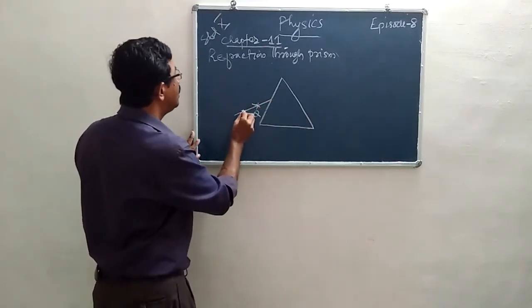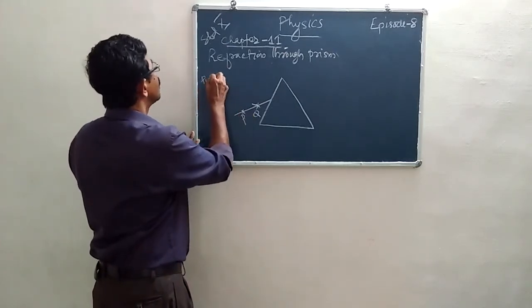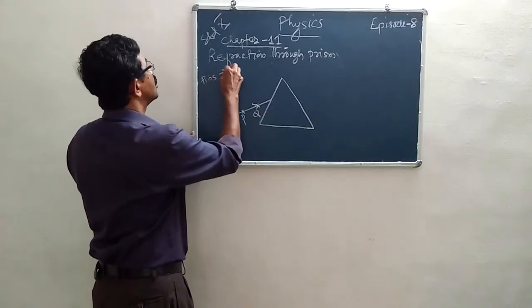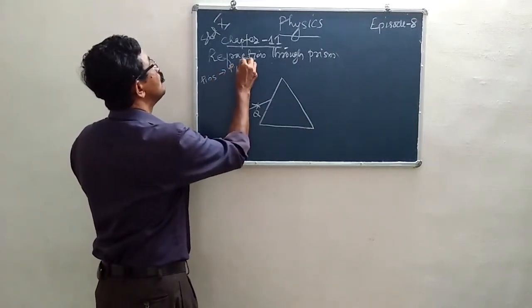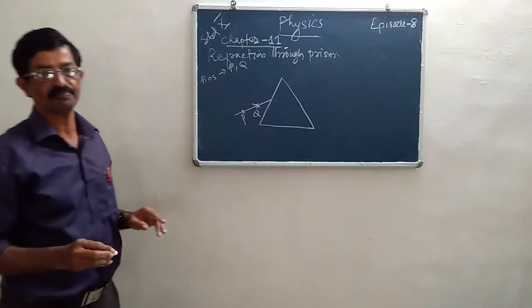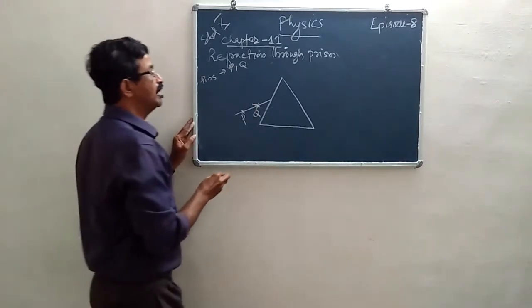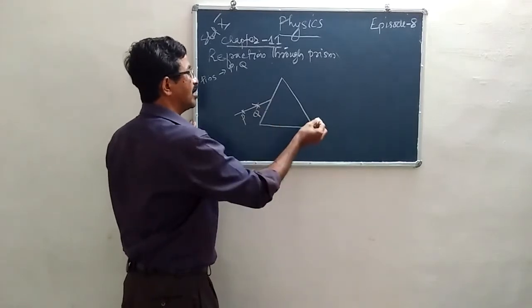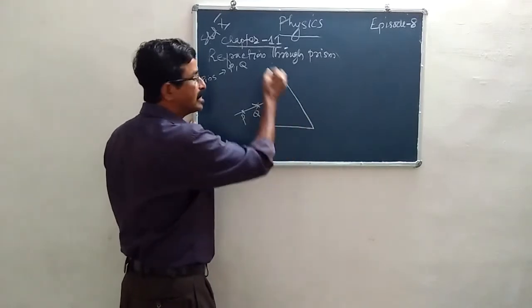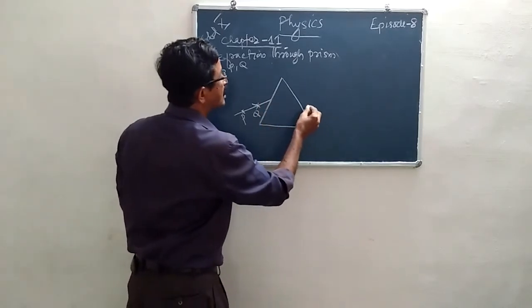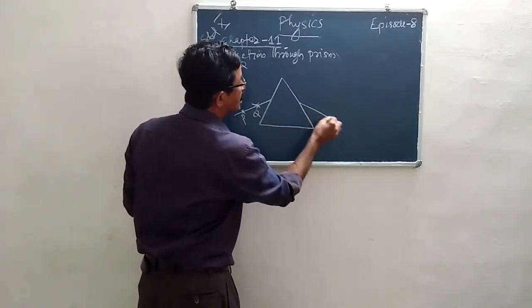Now here P and Q are two pins fixed here. Now, after placing this prism on this outline, looking from the other side, you fix another two pins in this way.